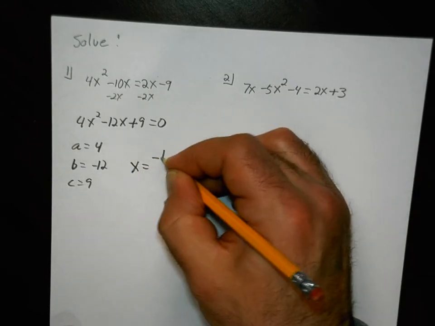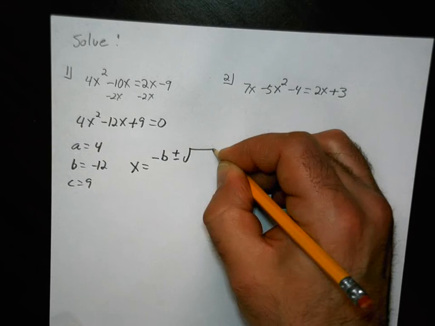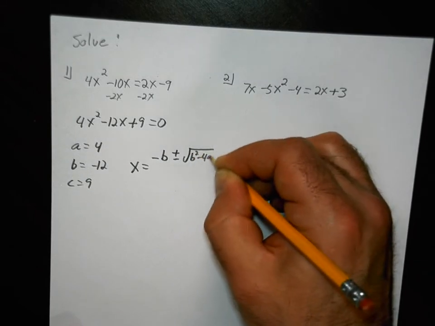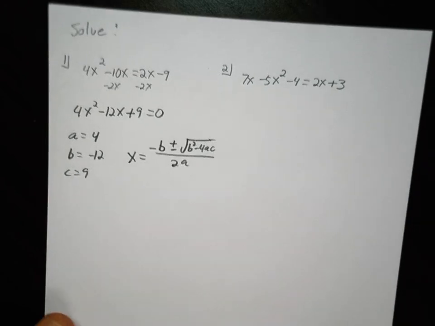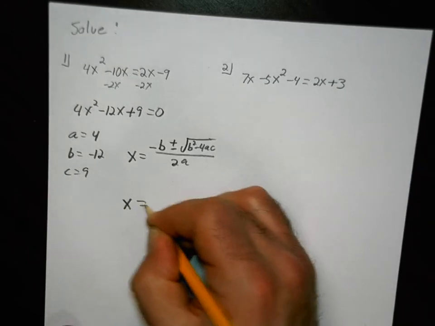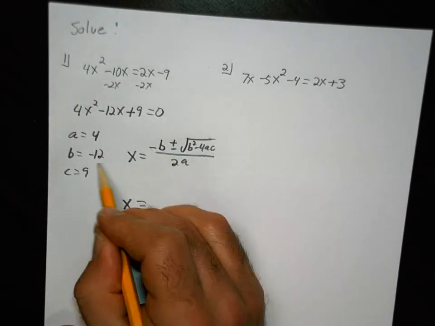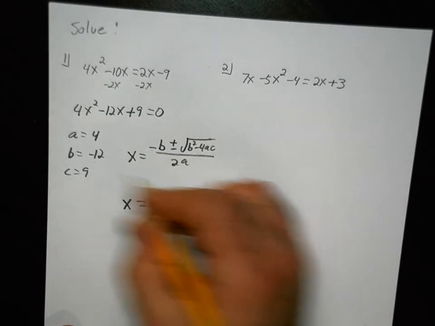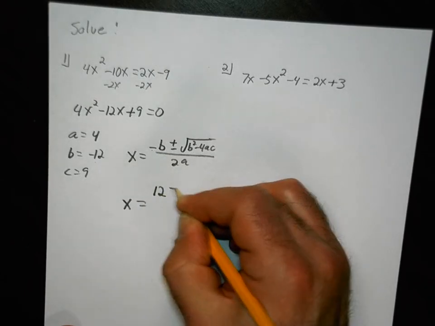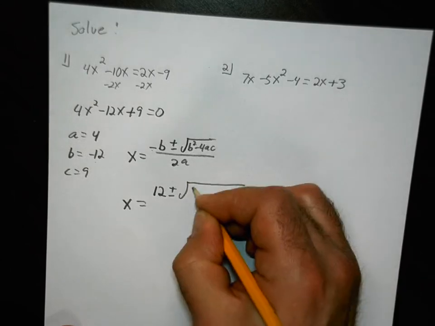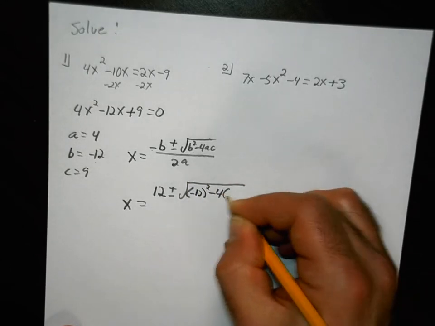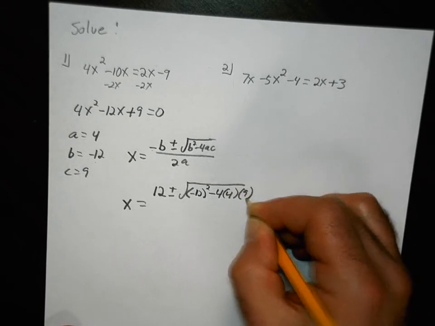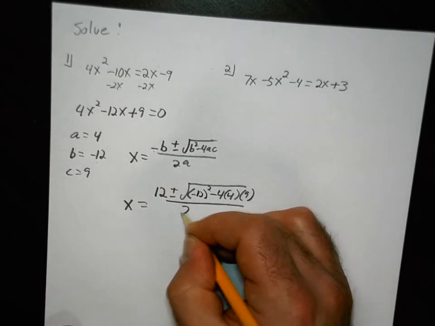I'm going to rewrite the quadratic formula. So now let's plug the values in. Negative b, so b is negative 12, so negative of negative 12 is positive 12. b squared is negative 12 squared minus 4 times 4 times 9 over 2 times 4.